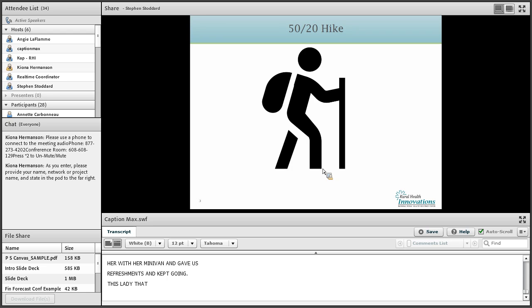Unfortunately, we only had one person out of about 4 or 5 that we had arranged that actually followed through and was there. And so we were so happy when we saw her with her minivan and she gave us some refreshments and we kept going.